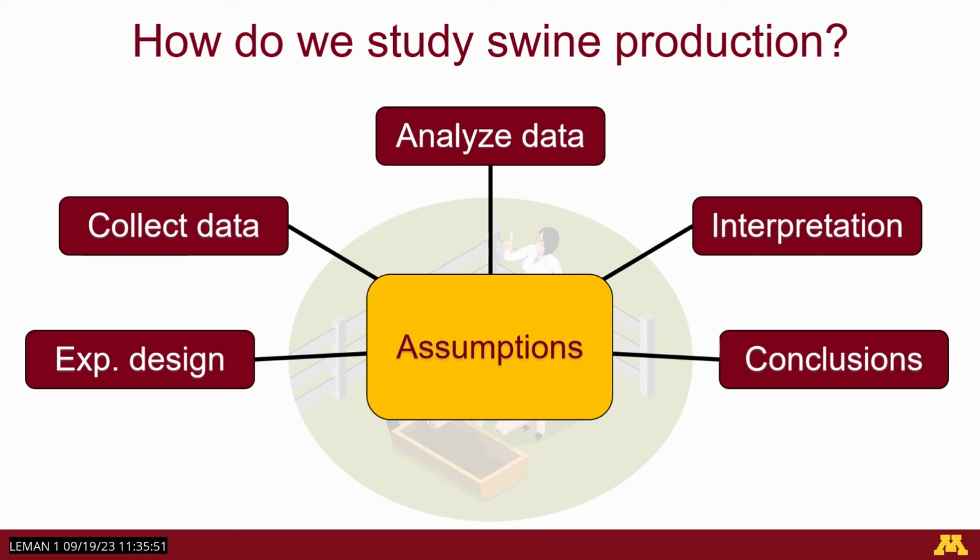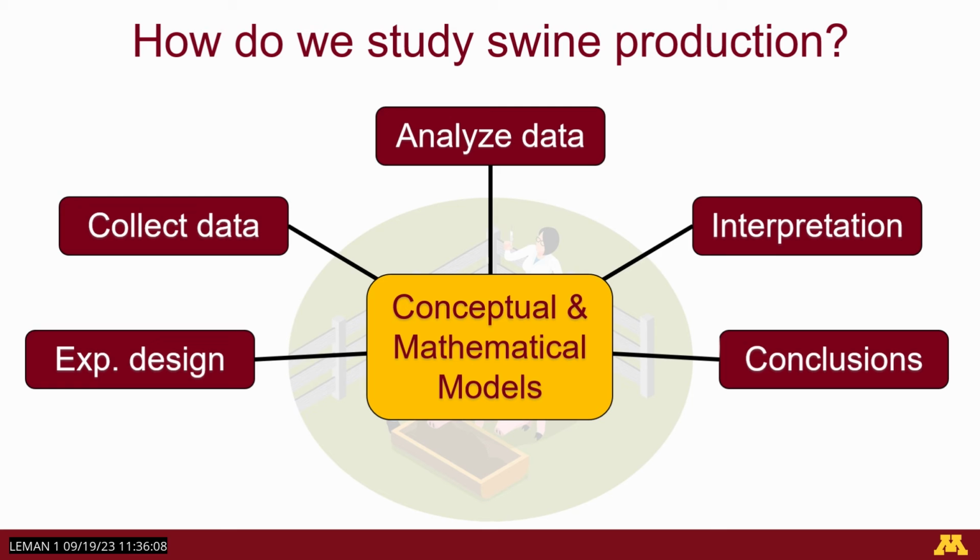The way we design experiments, collect the data, analyze and interpret is based on a set of assumptions. This is incomplete information that is the basis before we do all these steps. And this set of assumptions can be called conceptual models or mathematical models.